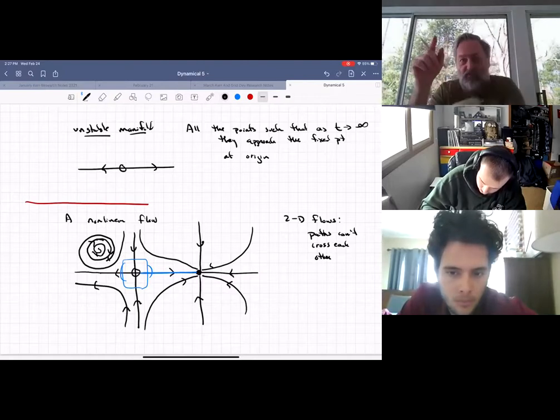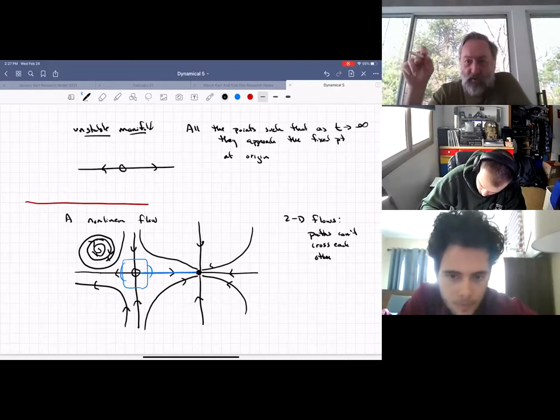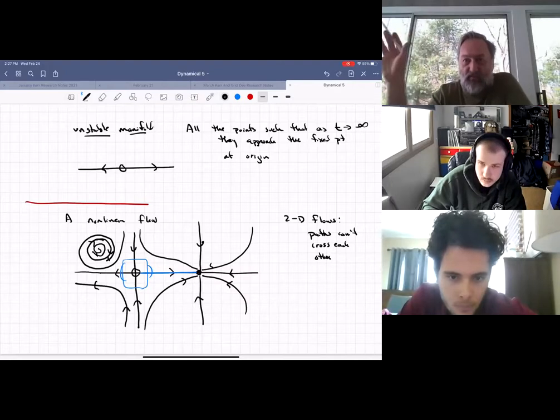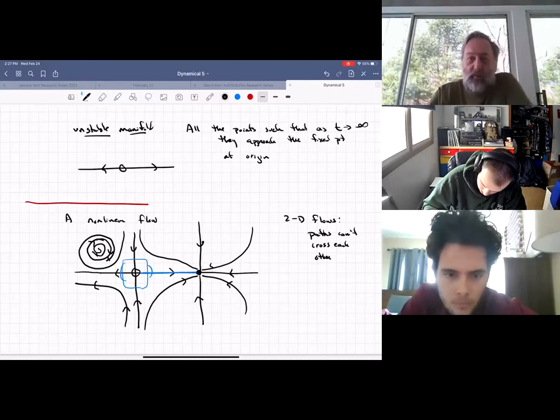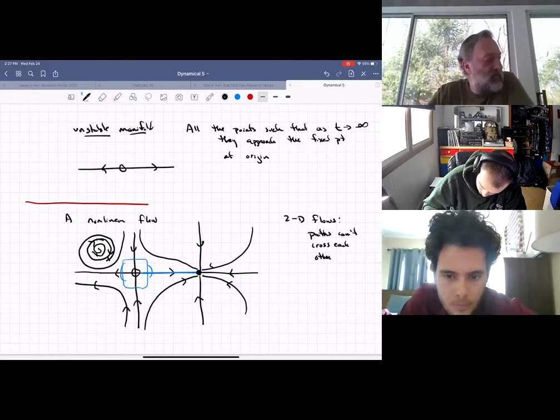So the paths can't cross each other. So once you establish your stable and unstable manifolds, you can't get past those regions. Those regions block off different sections of the graph. So you can have a bunch of different features, but they get nicely contained by the stable and unstable manifolds.